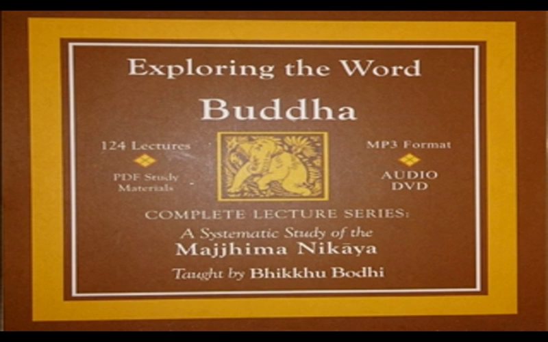And what brings about that shift is the strengthening of certain factors, five factors, which are called the jhana factors, the factors of the jhana. Four of them are mentioned in the formula of the suttas.